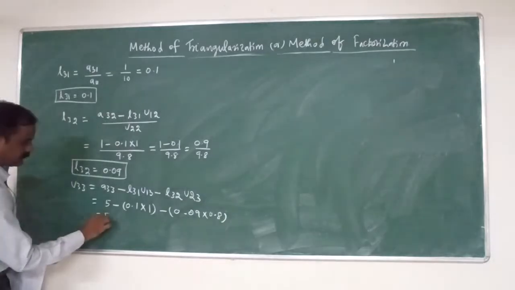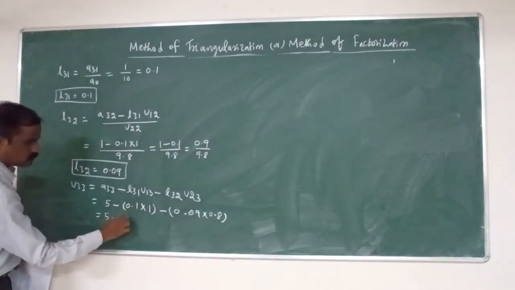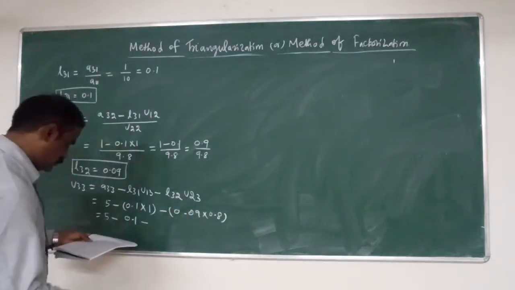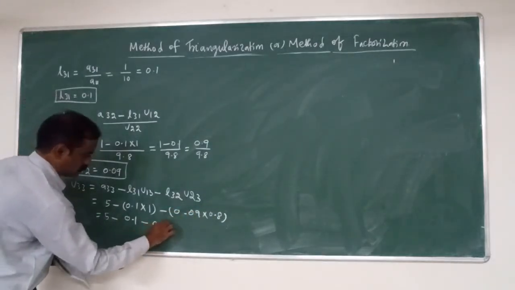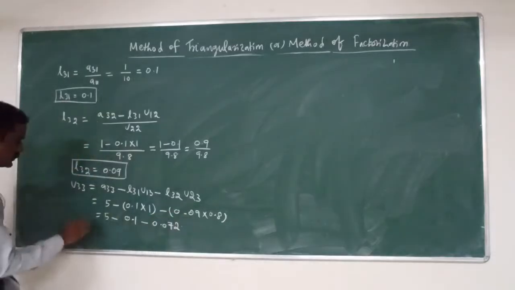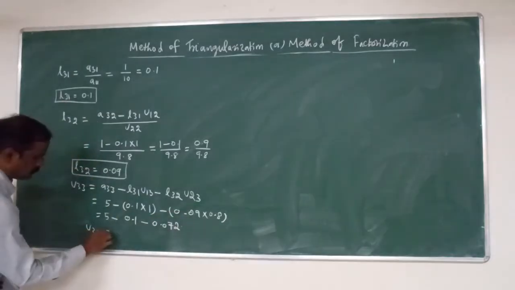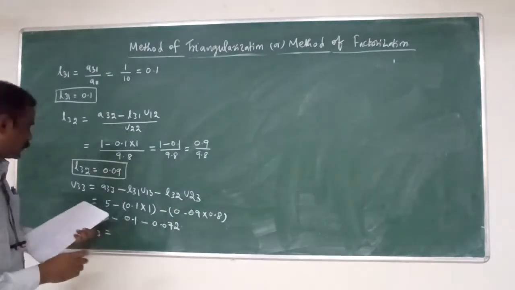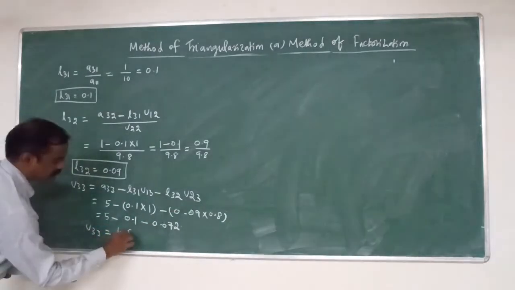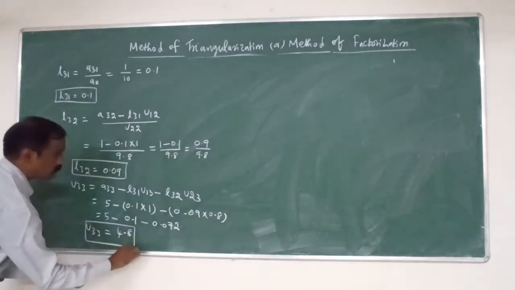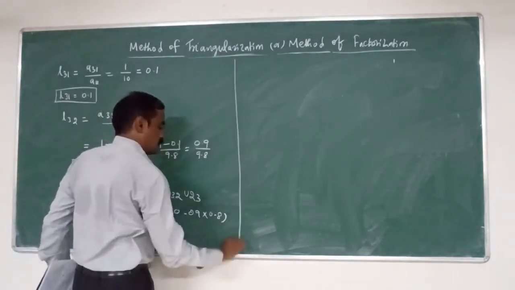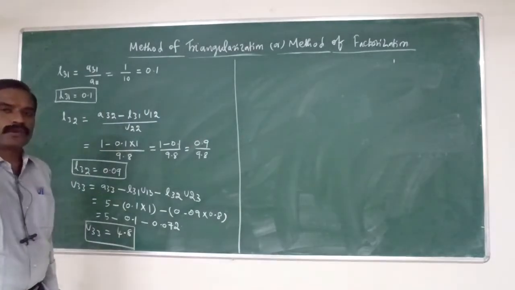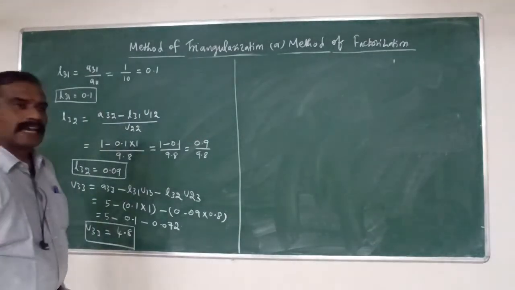Okay, this is 5 minus 0.1 minus, multiplying these two, 0.072. Subtracting these two values from 5, we get the result U33 equal to 4.8. We have already found the values U11, U12, U13 and the L values.